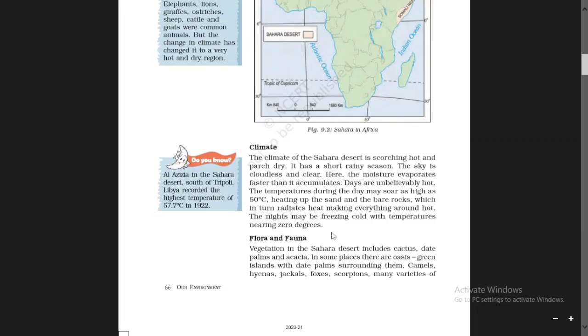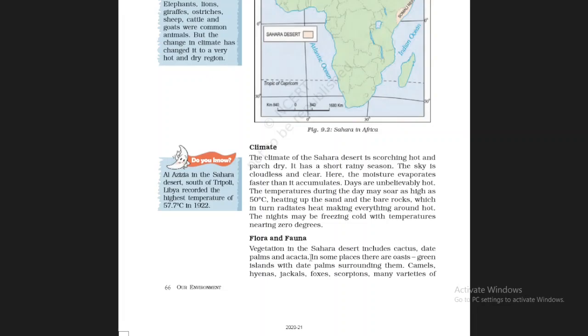Flora and fauna. Now let us discuss the different plants and animal groups found in the Sahara Desert. Vegetation in the Sahara Desert includes cactus, date palms, and acacia. Since there is very little rainfall, in most parts of that area plants cannot grow, but some desert plants are there.